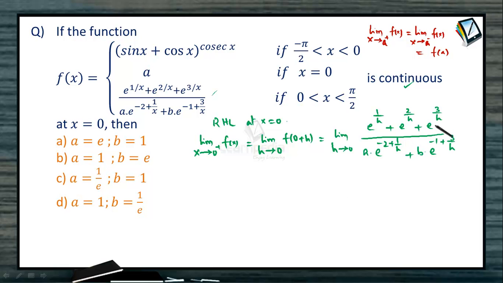Now these are standard exponential limits. So how do we evaluate such limits? Let's take e to the power of 3 by h common from the numerator.